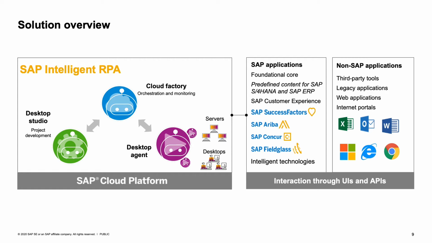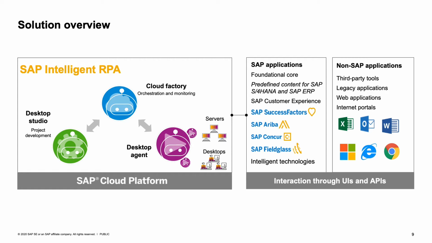Factory is the third, which is the main platform, having an overview of what robots are in action, to know the percentage of work completion, manage deployment of bot agents, etc. With the above tooling, SAP Intelligent RPA lets you build and orchestrate intelligent bots, which can accelerate process automation.